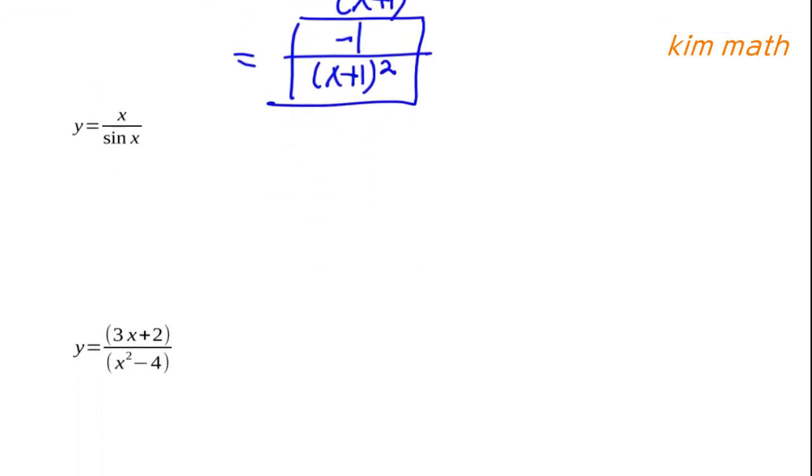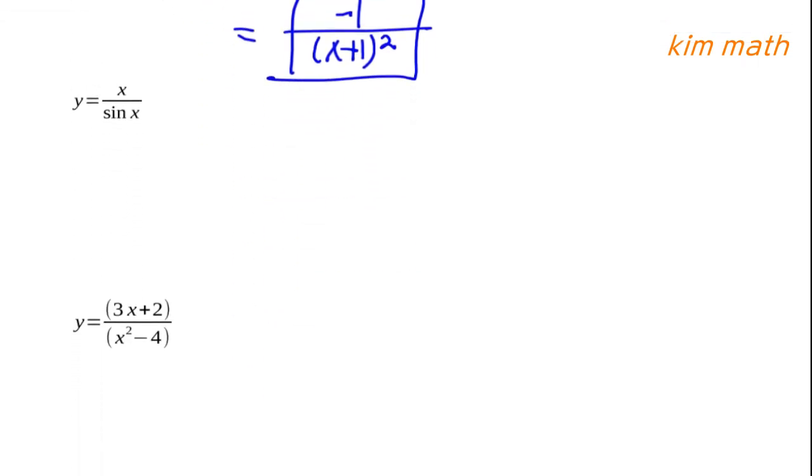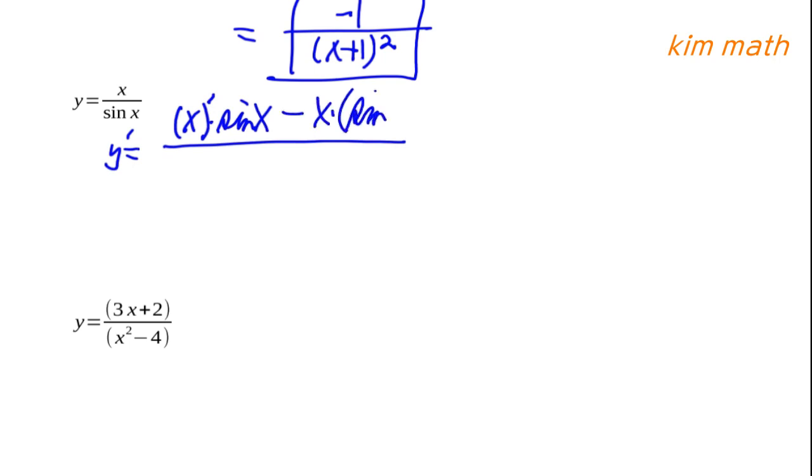Okay, next example. y equals x over sine of x. So y prime, one more time, f prime g minus f g prime over g squared.